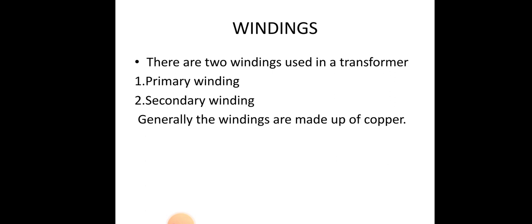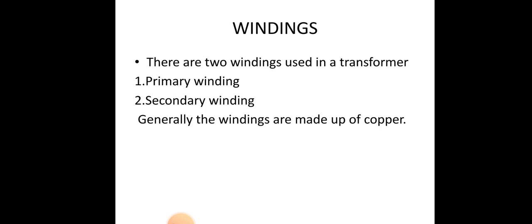The core is mostly preferred to be silicon material because it reduces the hysteresis losses. The transformer core generally is laminated and made up of silicon steel material.